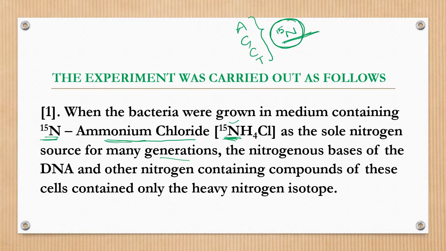As a result, this isotope becomes part of their DNA as well as other compounds. All nitrogen compounds become nitrogen 15. Please remember this point. Before starting the full experiment, in the first step they grew the bacteria in the medium containing N15.